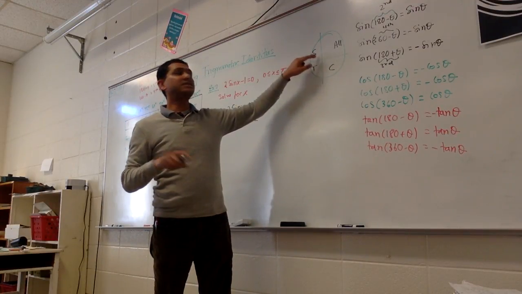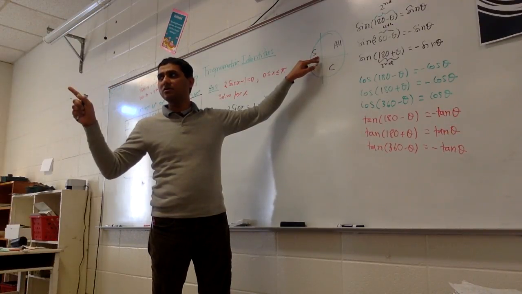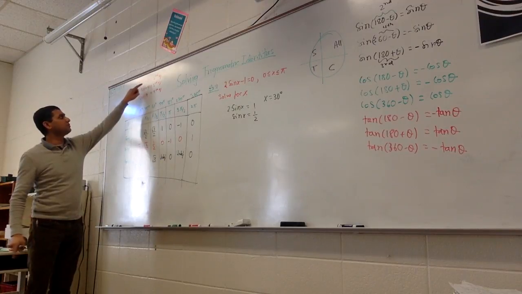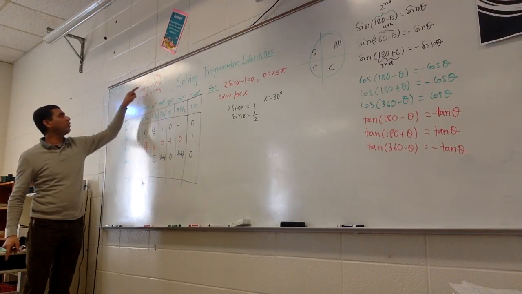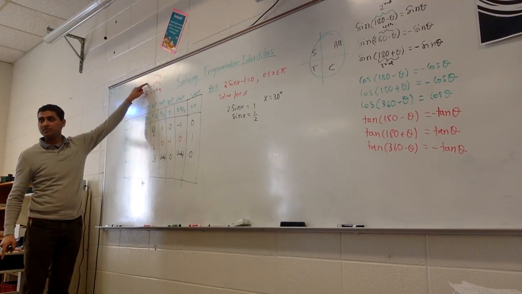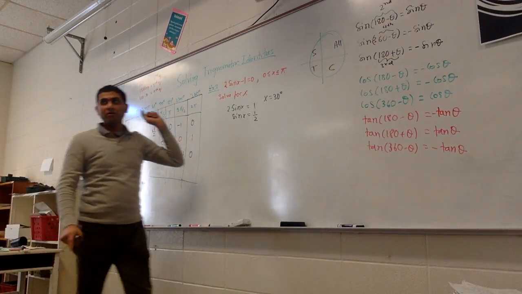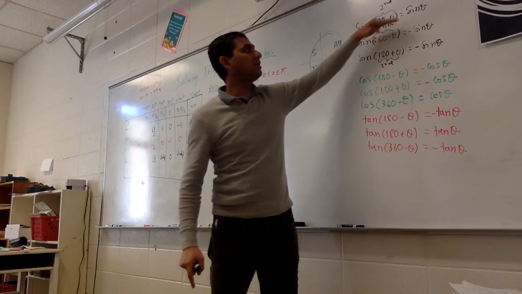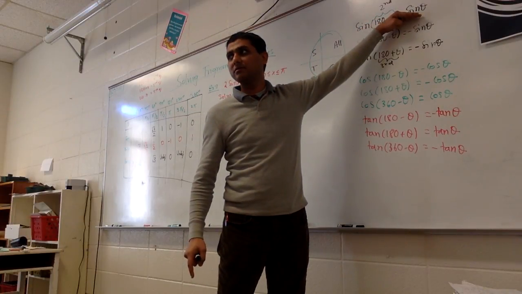Since we know that there is another solution in the second quadrant, go for one of these relationships. Which falls under which quadrant? 180 minus theta falls under the second quadrant. Now, go for these sine functions. 180 minus theta, is it positive or negative? Positive.